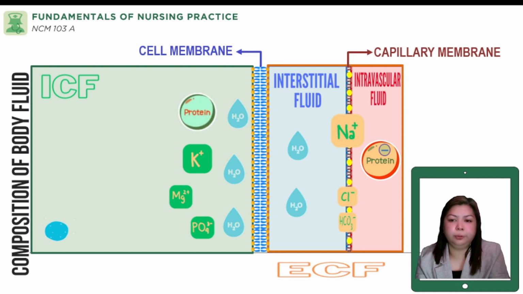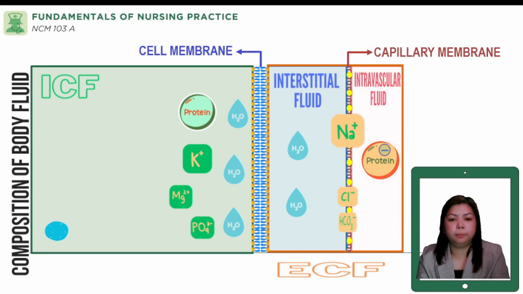So proteins are inside the cell and in the plasma, but the interstitial fluid has very little protein. Potassium is higher inside the cell, while sodium is higher outside. But in both compartments, the concentration of cations and anions is equal, keeping them overall electrically neutral.